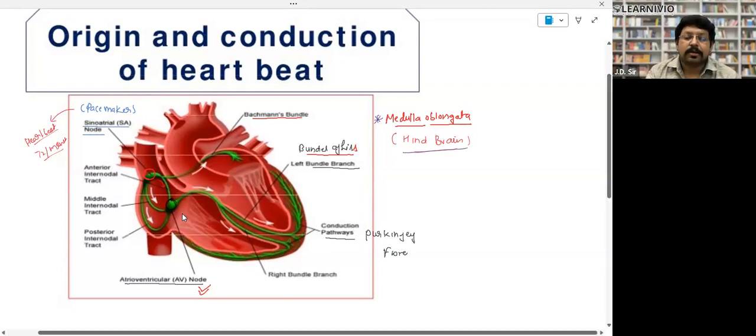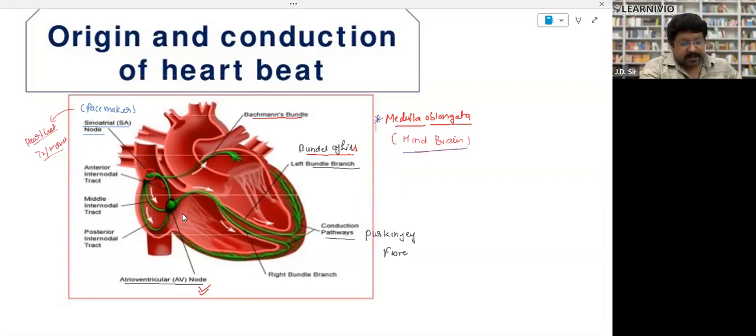His further branches out into Purkinje fibers.